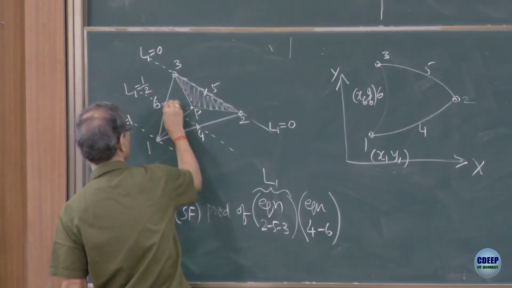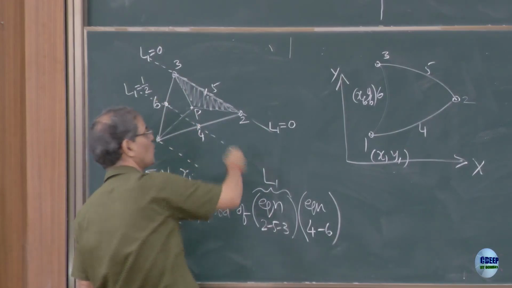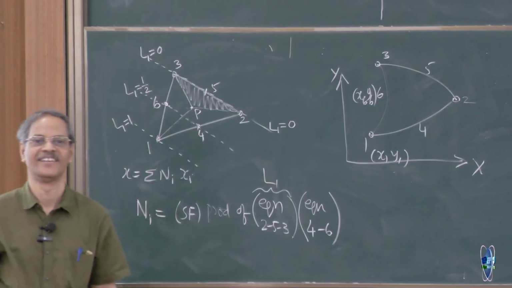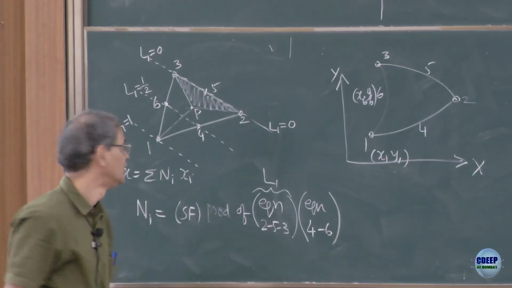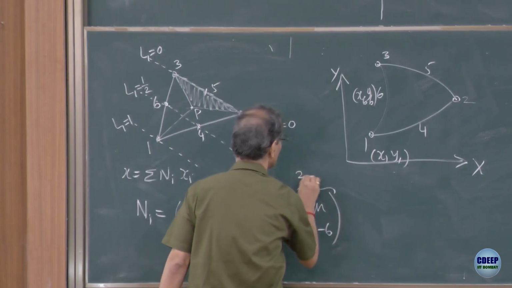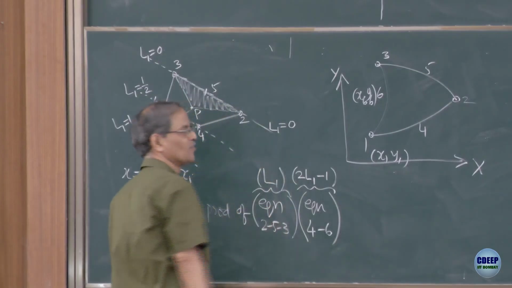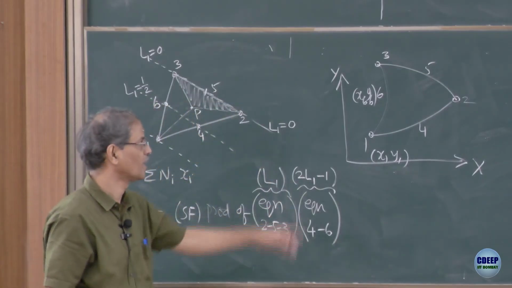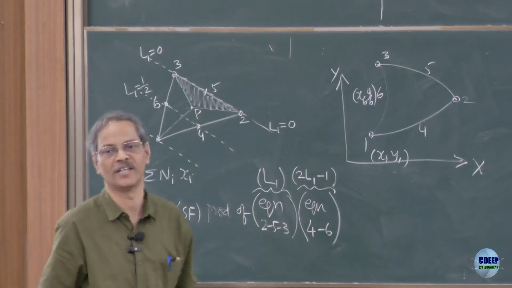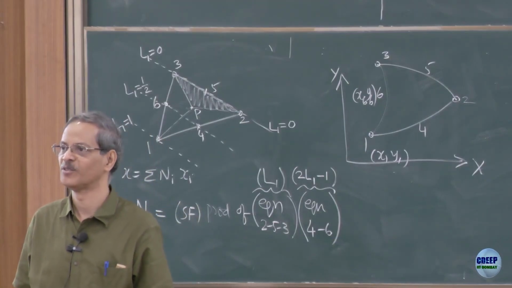Because these are midpoints of these edges, L1 is equal to half. Or 2L1 minus 1 is 0. That's what I have taken there. 2L1 minus 1, the equation of line 46. L1 is equal to half.